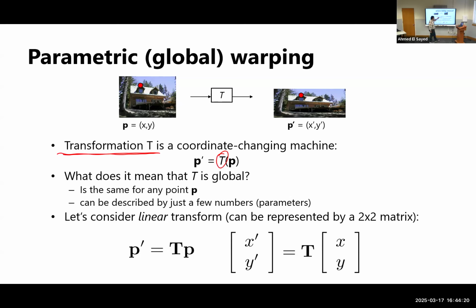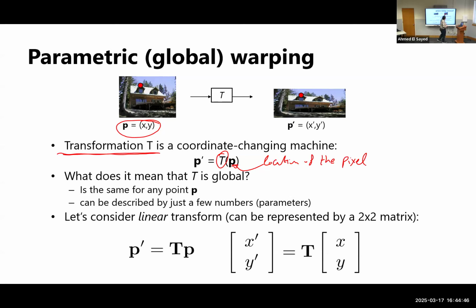So the input here is not the value of the pixel, no, it's the location of the pixel. And the output is the new location.